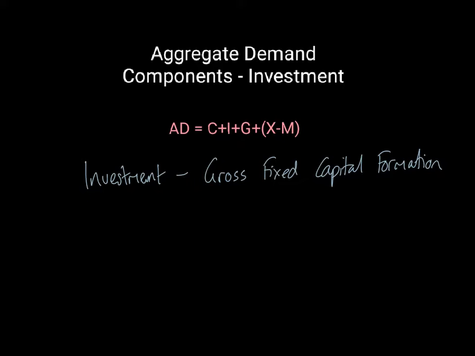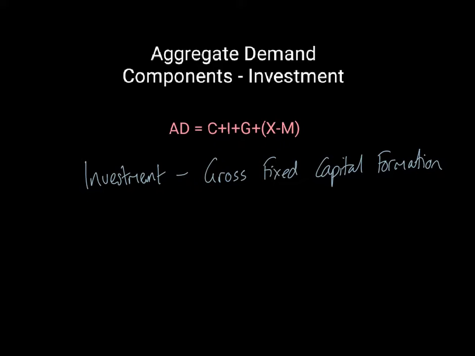It has to generate some physical asset. Importantly, this means that something like investment in shares, a phrase you'll hear quite frequently, is not considered in I as far as an economist is concerned, because when you're buying a share, you're not investing that money directly into the creation of capital. So that wouldn't be considered I.